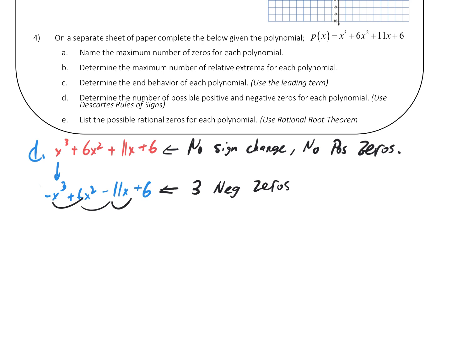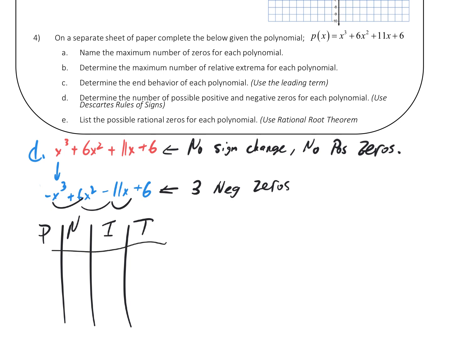So let's set up our little P&I chart. So here we go, positives, negatives, imaginary complex, and total, okay? So in total, I should always have 3 zeros. It's equal to the degree, right? So in total, I'm going to have 3.